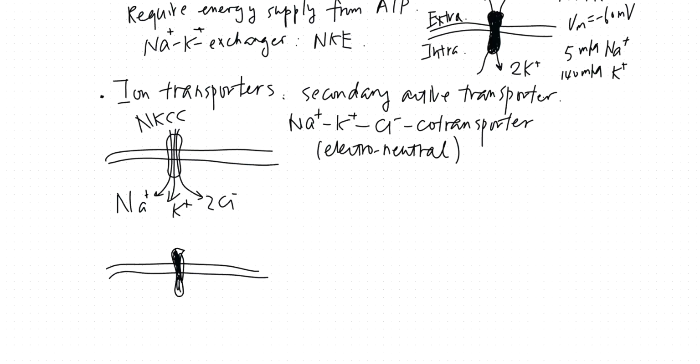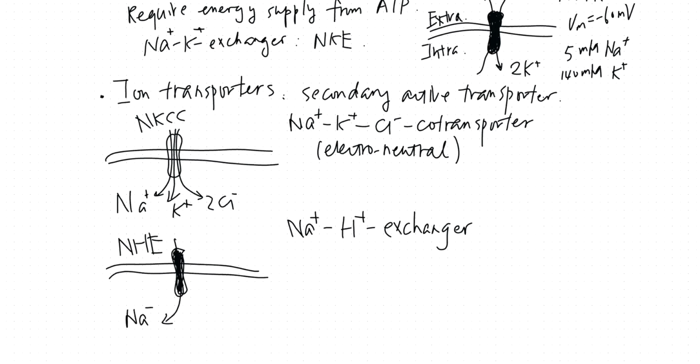Let's look at another type of transporter. It is called NHE. NHE stands for sodium hydrogen exchanger. This is also a secondary transporter. It moves in one sodium, which doesn't require energy because sodium naturally would like to move into the cell due to its electrochemical gradient, and then it removes one hydrogen ion.